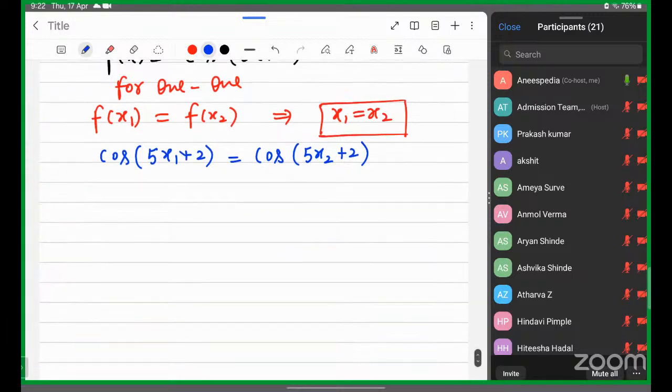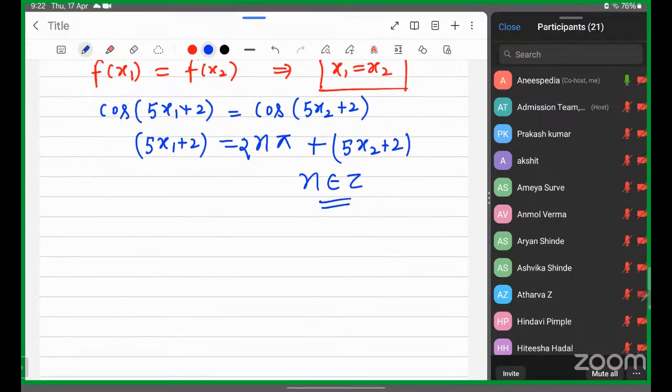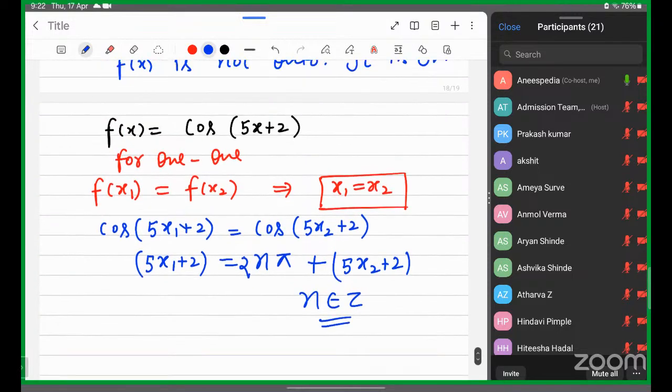And in that case, you know that if we have cos x equals to cos y, x can be given as 2n pi plus or minus y, that is 5x2 plus 2, and n belongs to Z. So clearly, in this case, there are not only one possible values at which cos will have the same output. There are different possible values of x for which it will have the same value.